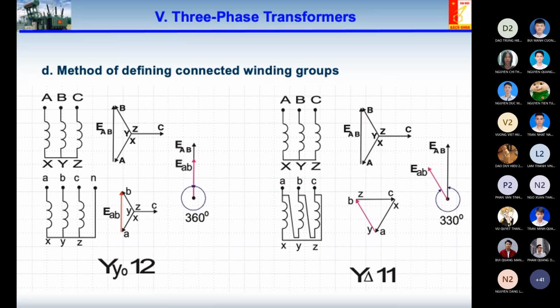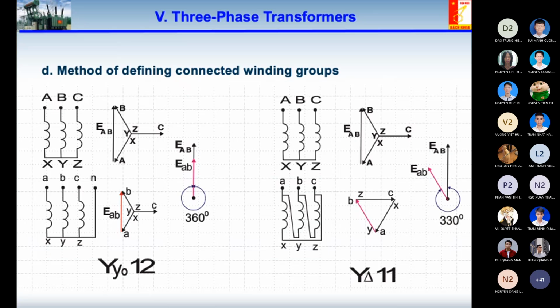I would like to remind all of you that if you want to define the vector group of the transformer, you have to look for the line-to-line electromagnetic force of the primary winding and the secondary winding, then compare the two vectors, and from the vector group you can find the phase angle between the line-to-line electromagnetic force of the primary winding and the secondary winding.